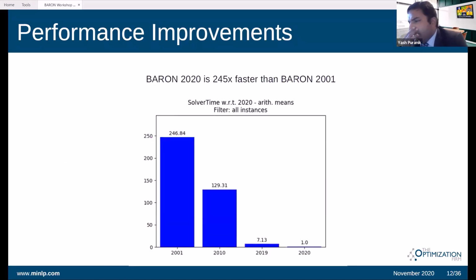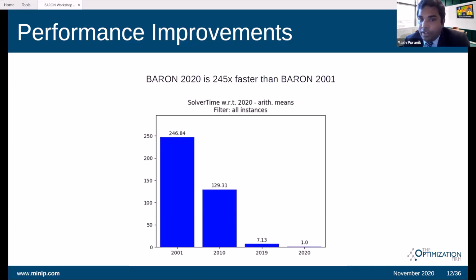Looking at the same analysis slightly differently, this is a plot that was generated with the Paver tool again, but the second version, Paver 2.0. What this is plotting is the arithmetic mean of the ratio of the time it took each Barron version to solve a model versus the time it took Barron 2020, which is the current version, to solve the same model.